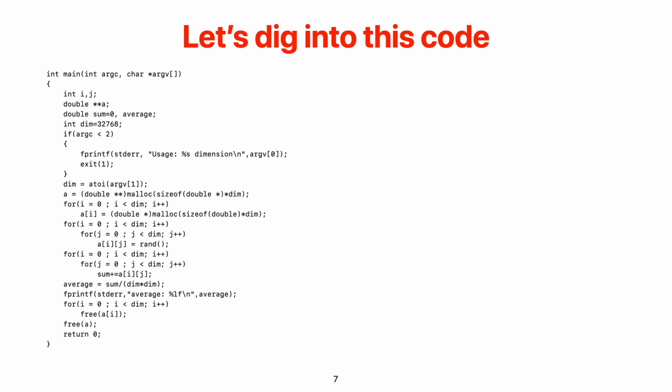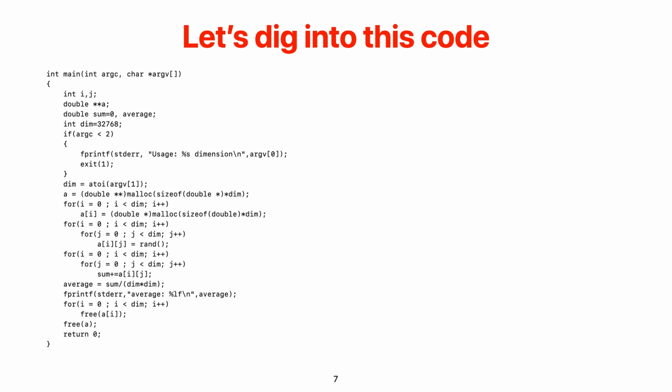And then after we initialize the two-dimensional array, or say the matrix, we initialize its values with random values, and then calculate the sum of all elements within the matrix and output the average value within the matrix.